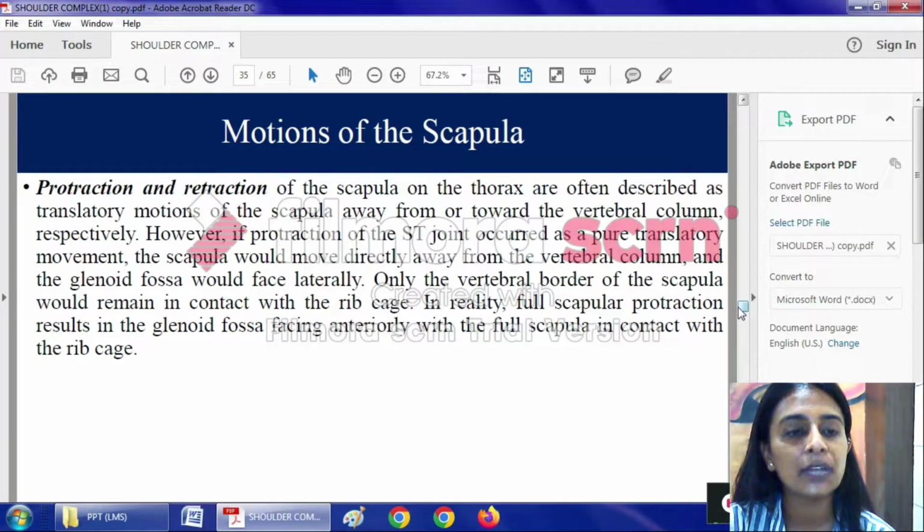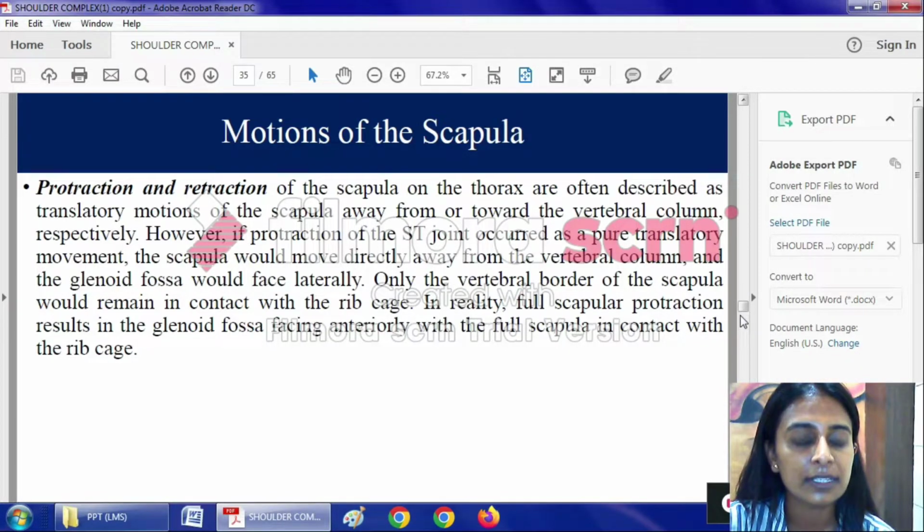Next, protraction and retraction of the scapula on the thorax are often described as translatory motion of the scapula away from or towards the vertebral column. However, if protraction at the ST joint occurred as a pure translatory movement, the scapula would move directly away from the vertebral column and the glenoid fossa would face laterally.